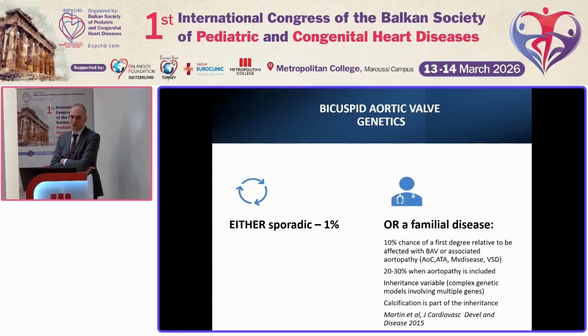And a genetic component is suggested, given that 10% of patients with BAV, with isolated valve disease, will have first-degree relatives with the same condition, with similar presentation, anatomical abnormalities, while when this is combined with an aortopathy, this percentage can reach up to 20 to 30%.